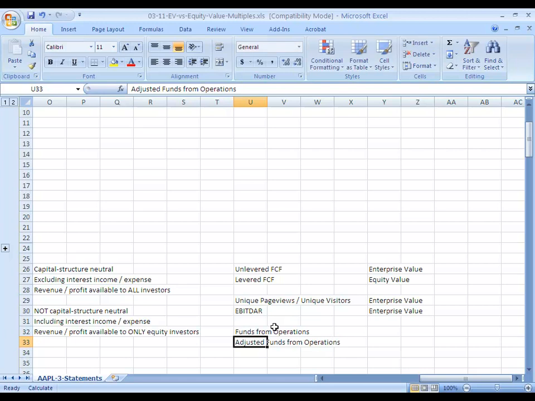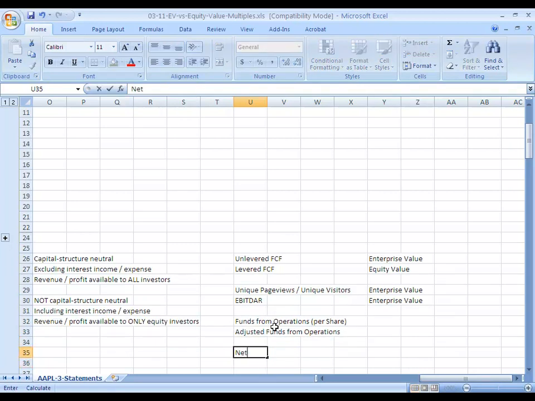Now, I go into some detail on these in the handout going along with this, but the basic idea here is that these are similar to earnings per share for a normal company, and you often look at them on a per share basis. So I can just put this in parentheses, per share here. What you do here is you're basically taking the company's net income and then you're adding depreciation, because it's a huge expense, but it's not a cash expense for real estate companies. And then you're also removing gains on sale of properties.